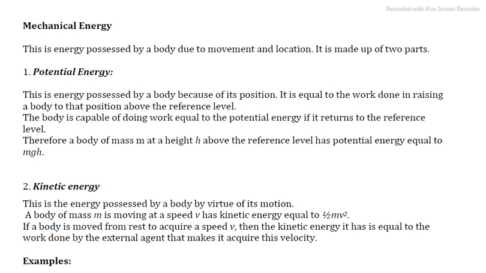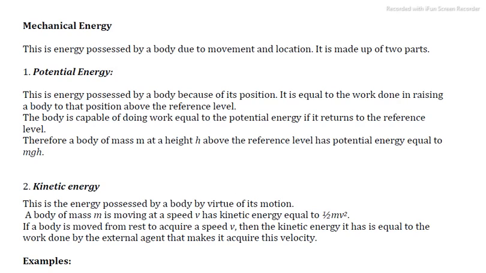Potential energy is equal to the work done in raising a body to that position above the reference level. So for a body to gain potential energy, it must be raised above a certain reference level, and it is that work done in raising this body that is equal to the potential energy. The body is capable of doing work equal to the potential energy if it returns to the reference level.